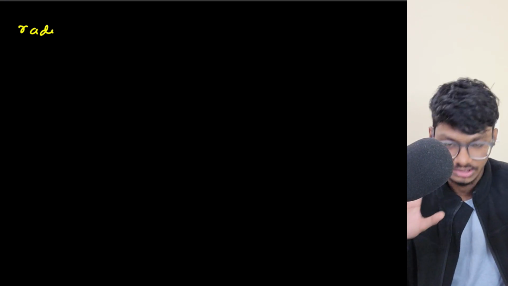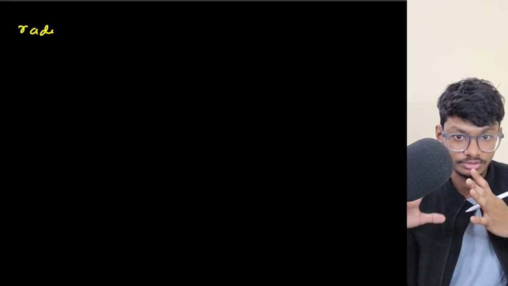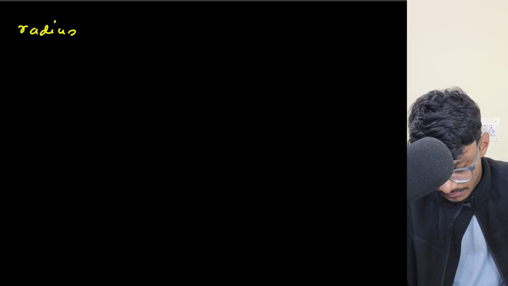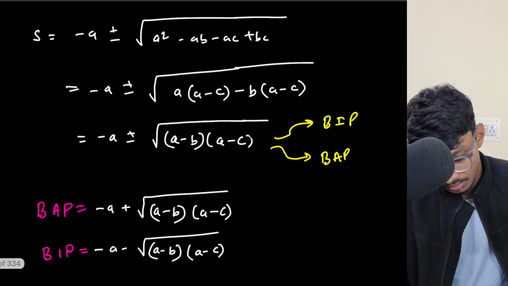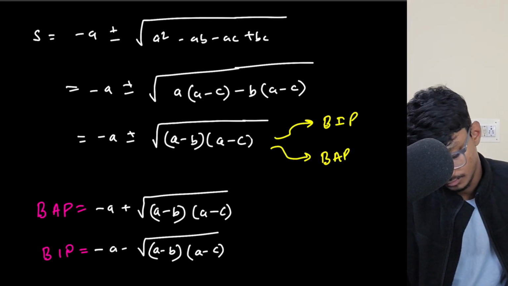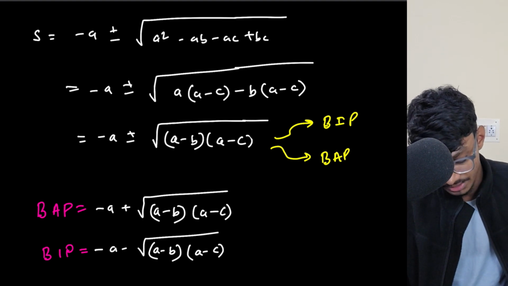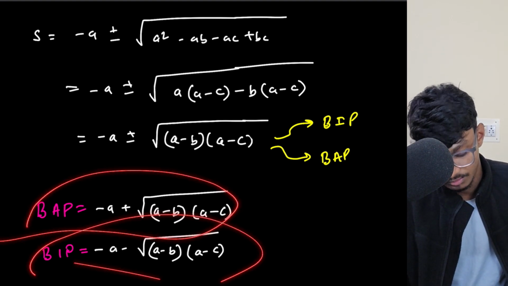So if you want to remember this formula, well and good. If you don't want to remember, that's fine. Rarely gets asked. Okay, never have been asked, but it may get asked. That's why I wanted to show you that this type of question also may get asked. So radius simply will be the breakaway point minus the break-in point, because we are talking about the mod.